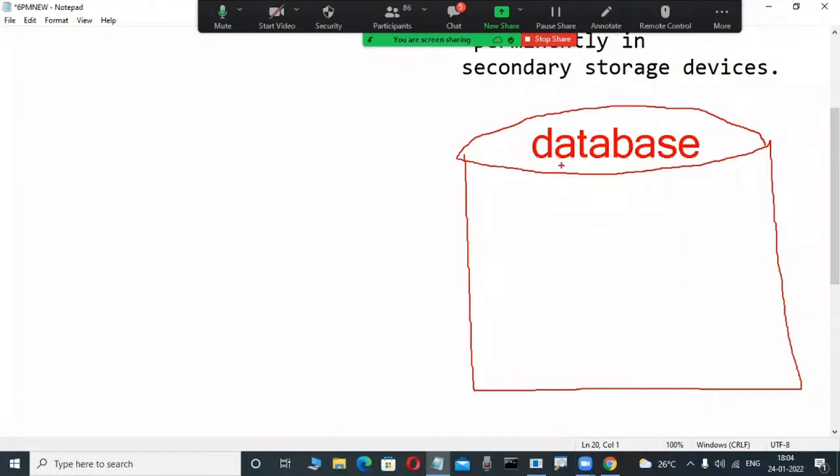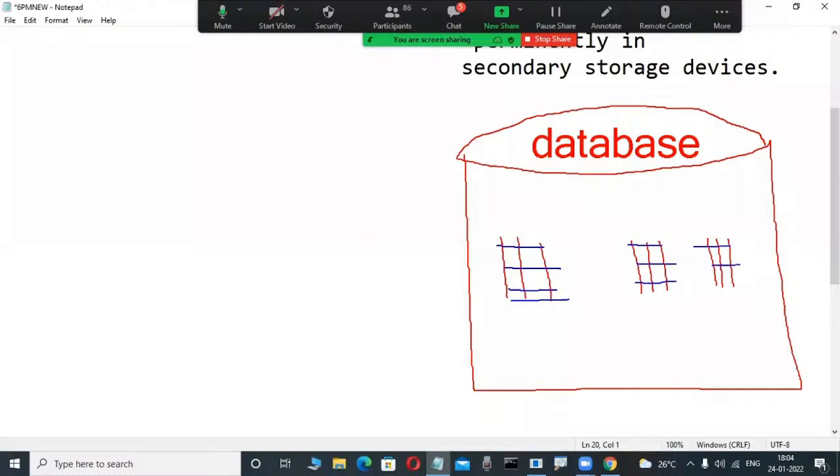They only store a structured collection of data, stored in an organized fashion. Why? Because the relational data model is a concept there. Today, I will tell you. Based on that only, these products are implemented. These are called relational databases.